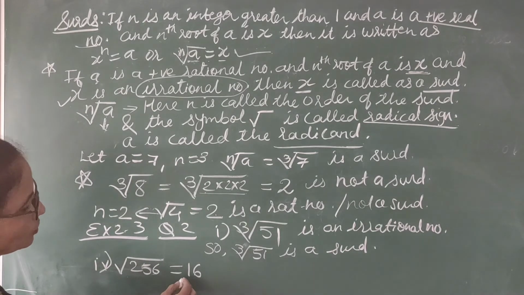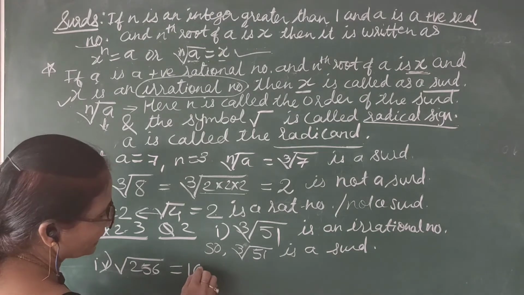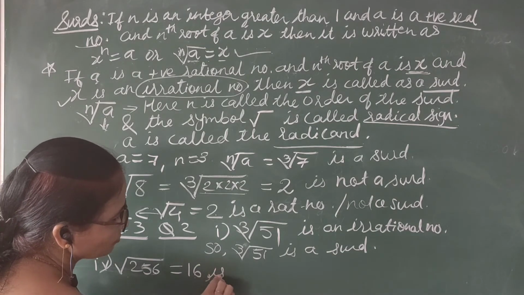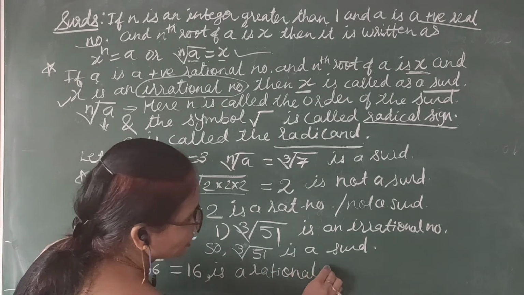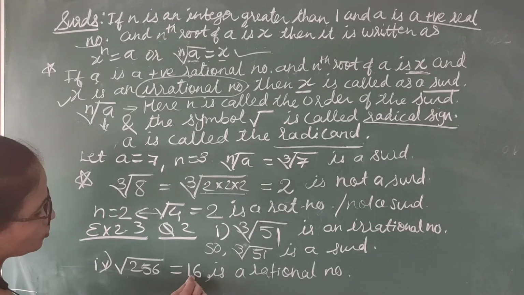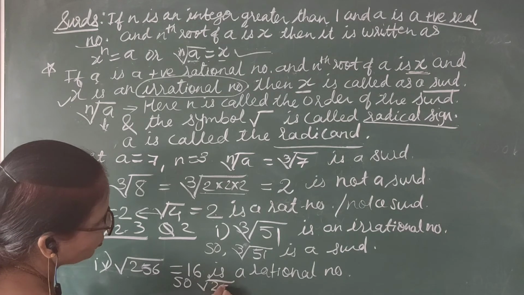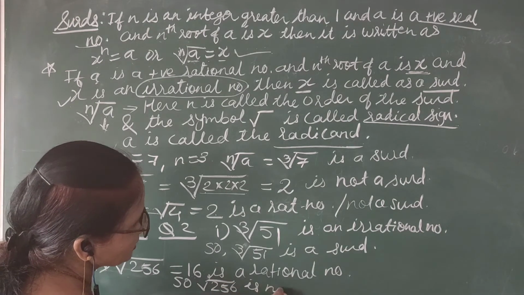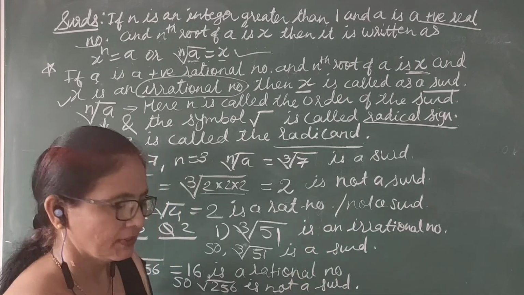So as the square root of 256 is 16, and 16 is a rational number, square root of 256 is not a surd.